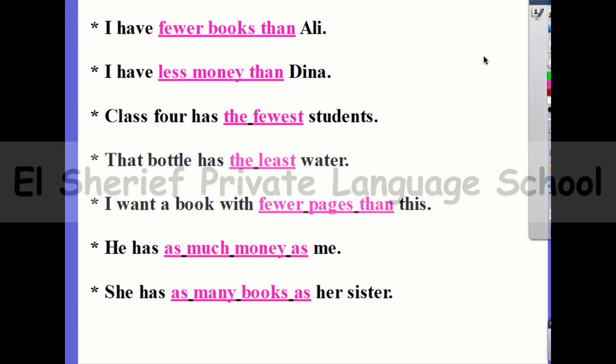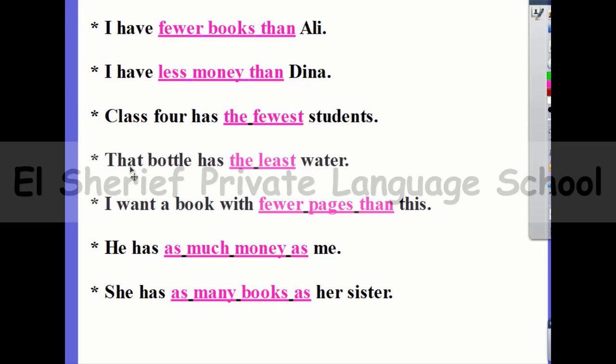Okay, there are more examples. Number 1, I have fewer books than Ali. Fewer before countable nouns. Number 2, I have less money than Dina. Less comes before uncountable nouns. Class 4 has the fewest students.